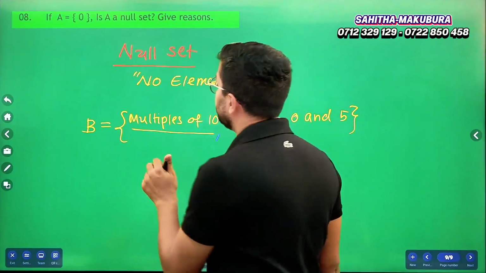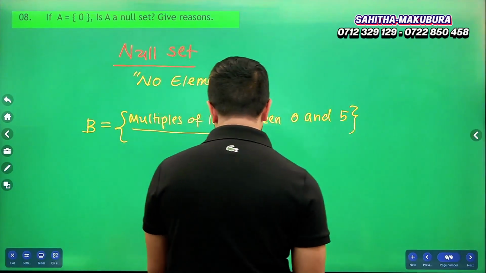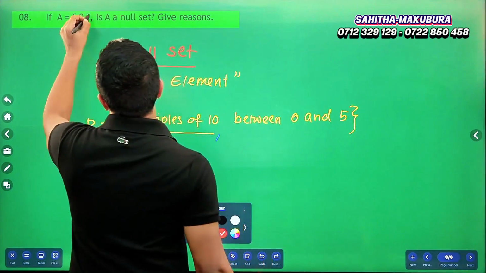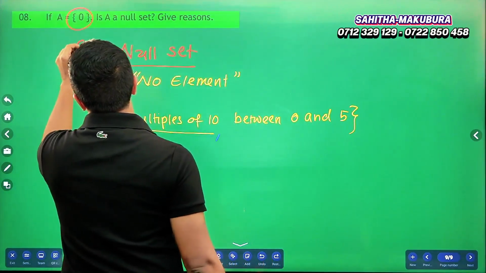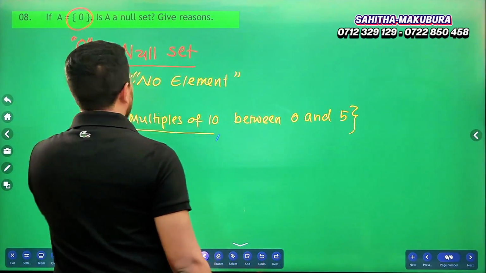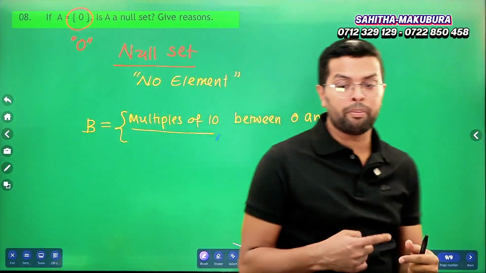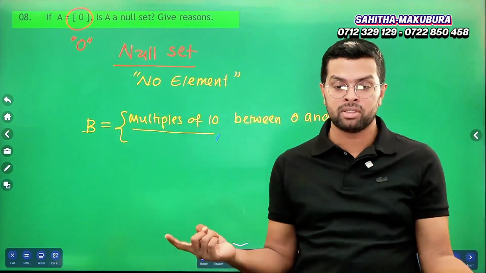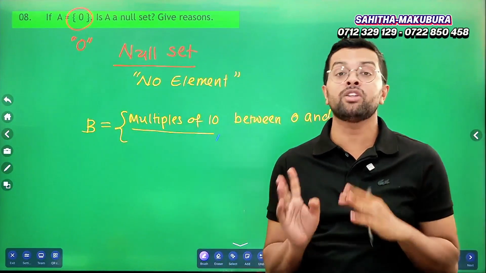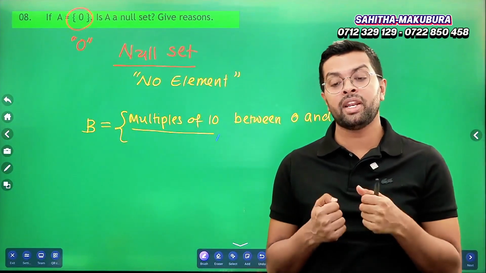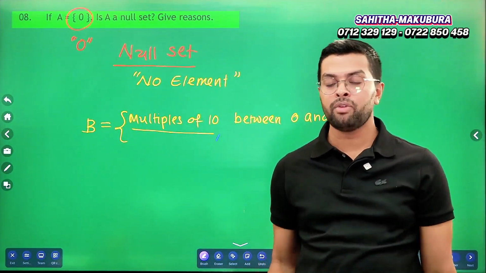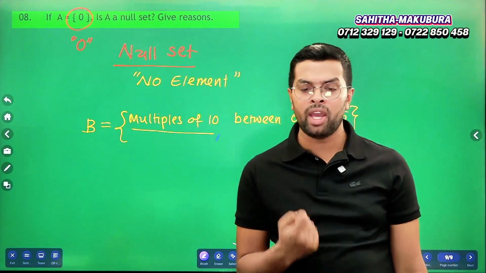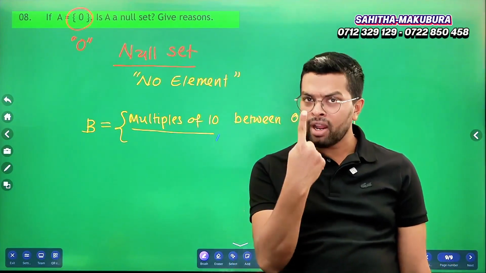But when it comes to this question, please pay attention. We have an element, 0. 0 does not mean you don't have any elements. 0 is an element in this set. How many elements are there in this set? We have one element.